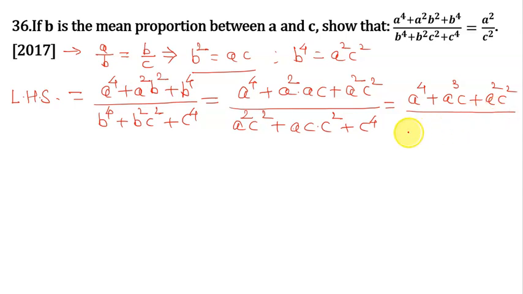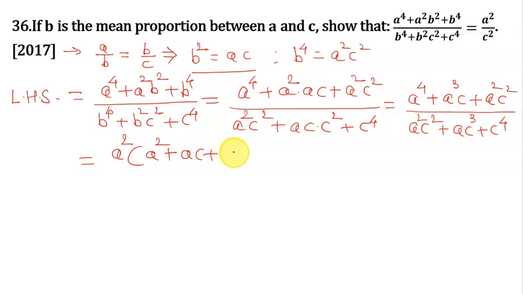And for the denominator you will have A square C square plus A C cube plus C raised to 4. From the numerator take A square as common, then in the bracket you will have A square plus AC plus C square.